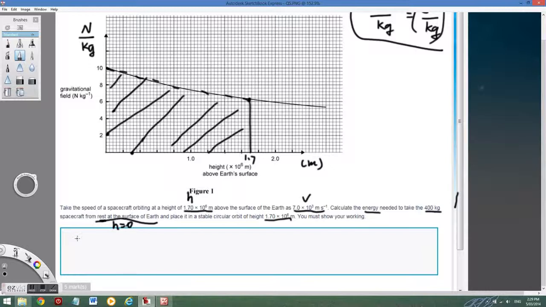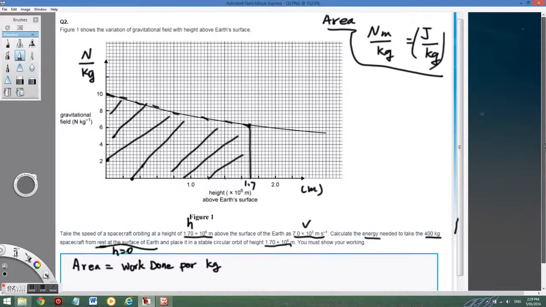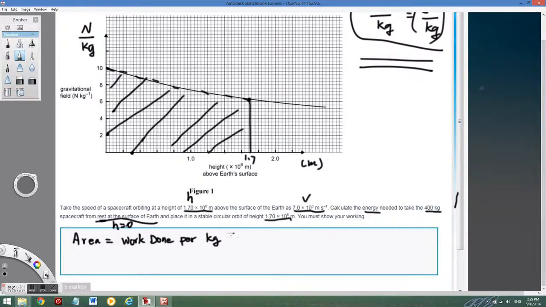Now, it's a 5-mark question. Step 1, I mention the area under the graph will be the work done, the energy per kilogram. We did it here. So mention it, you get 1 mark.